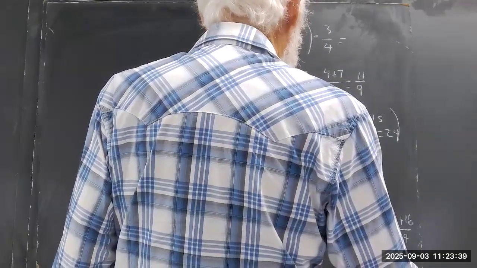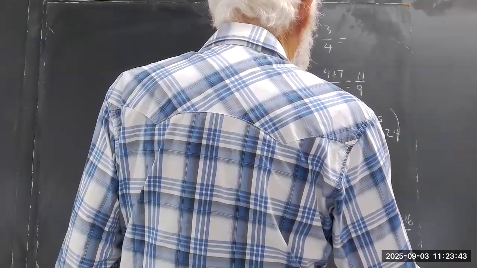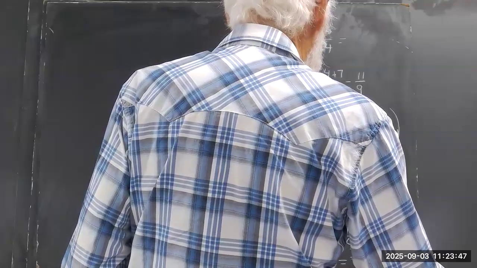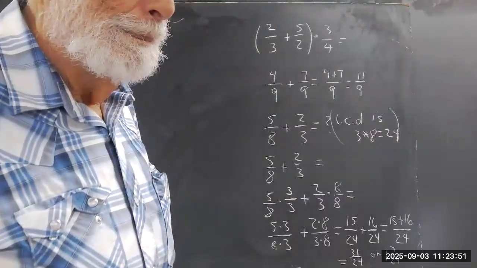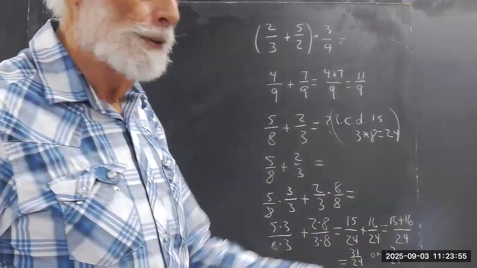That equals 31 over 24. And if you want the mixed number, that's 1 and 7/24. Okay?